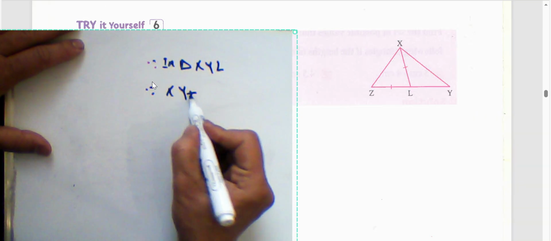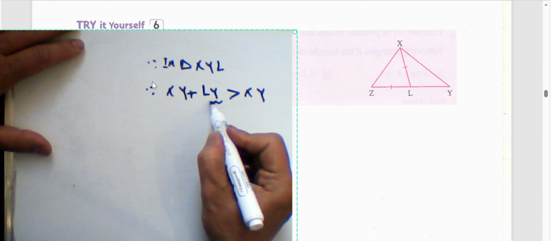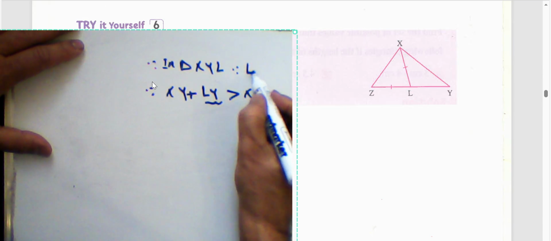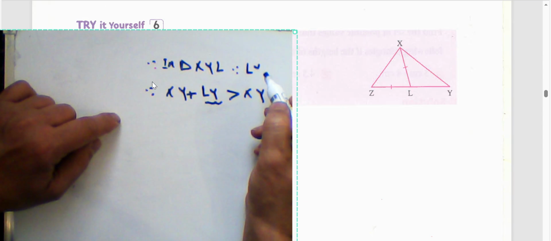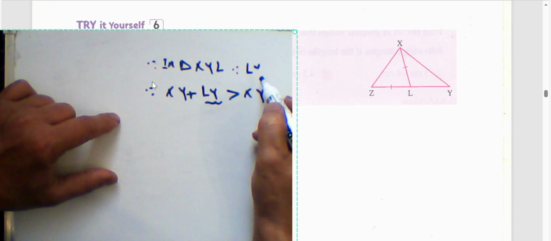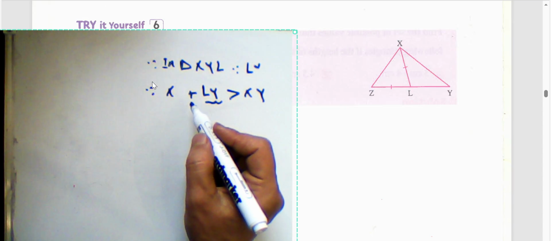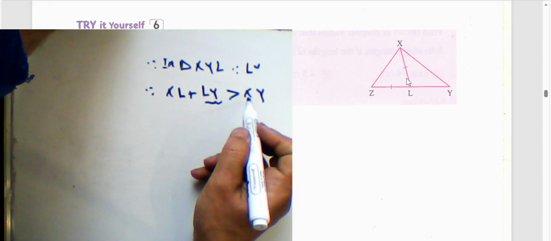XL plus LY is greater than the third side XY. Pay attention, in this triangle XL plus LY is greater than XY.